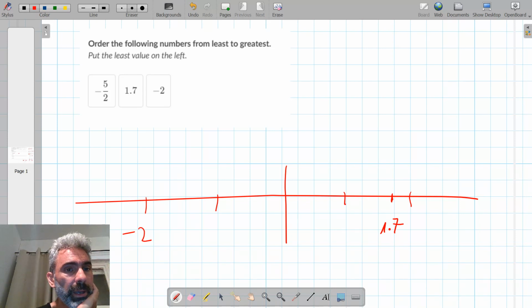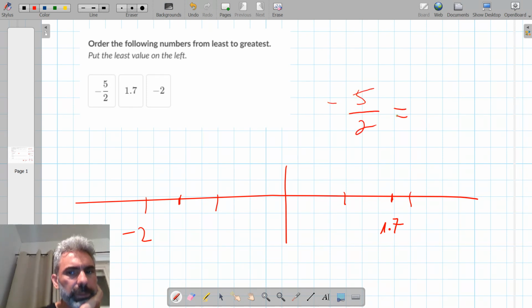And minus 5 halves is the same thing as minus, 2 goes into 5 2 times, and then 1/2 remainder, so this is minus 2.5.